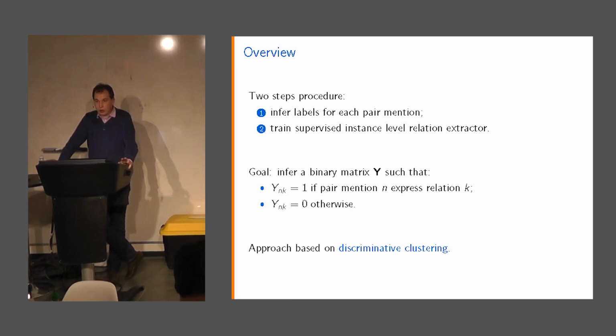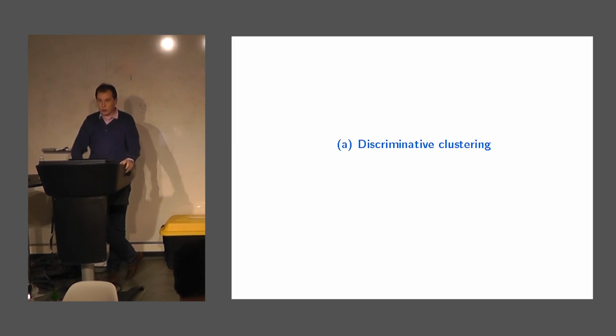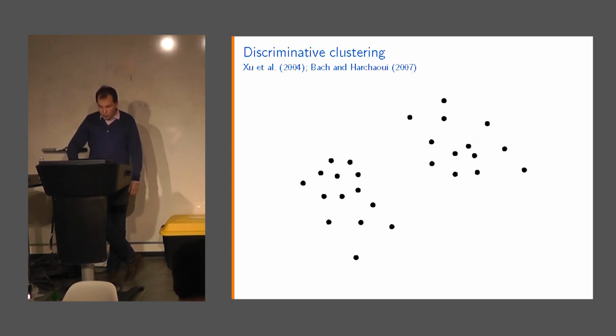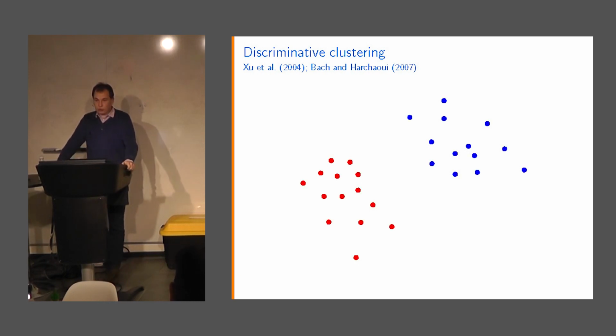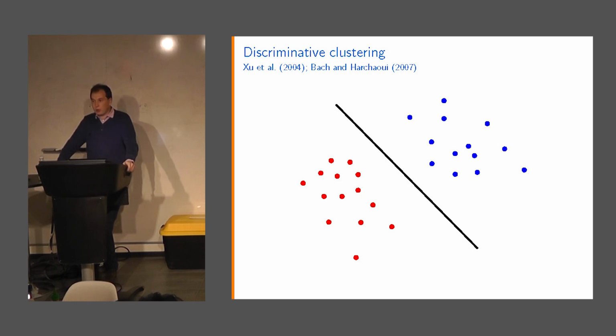And so the approach I will describe is based on discriminative clustering that I will now rapidly introduce. The idea of discriminative clustering is, let's say that we have a set of data points, and you would like to cluster them into two groups. The criterion used to say that a clustering is a good one is that there exists a good classifier separating these two groups of points.